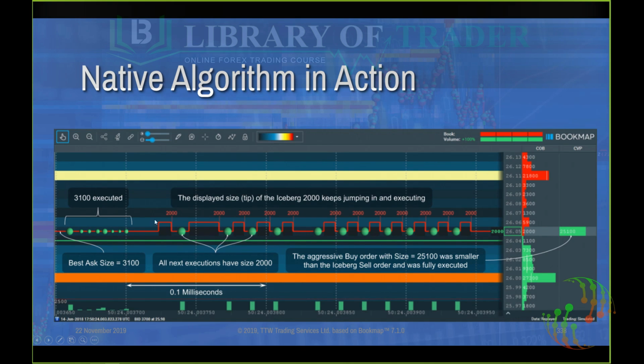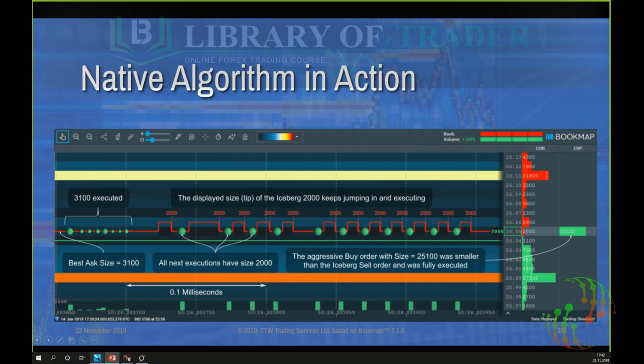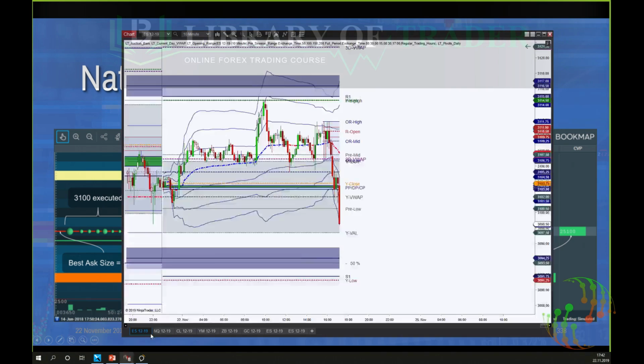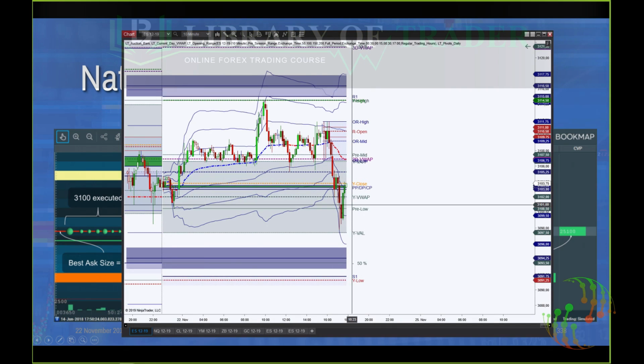So you see that. You see they are hitting constantly the price. This is hidden. You can't see that on any of those or similar charts. It's impossible.